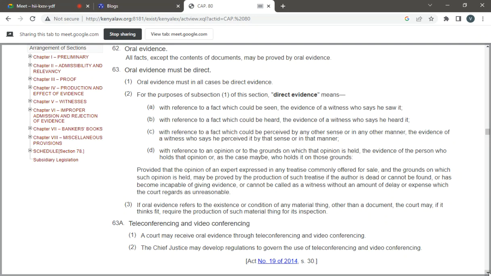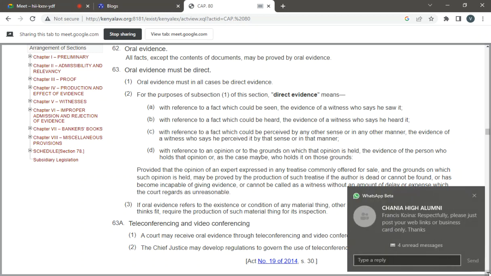aya ndo hiyo, oral evidence must be direct. So remember, hearsay is not a direct evidence. So tunafaa kuangalia kwanza tujue what is the definition of direct evidence as defined by section 63. Na to be brief, wanasema ni evidence of a witness who says he saw it, that's a direct one. Pia wanasema witness mwenye anasema he had it.